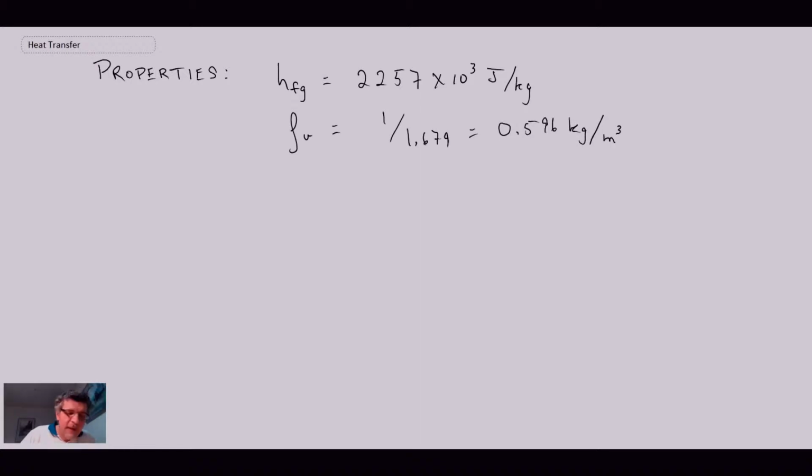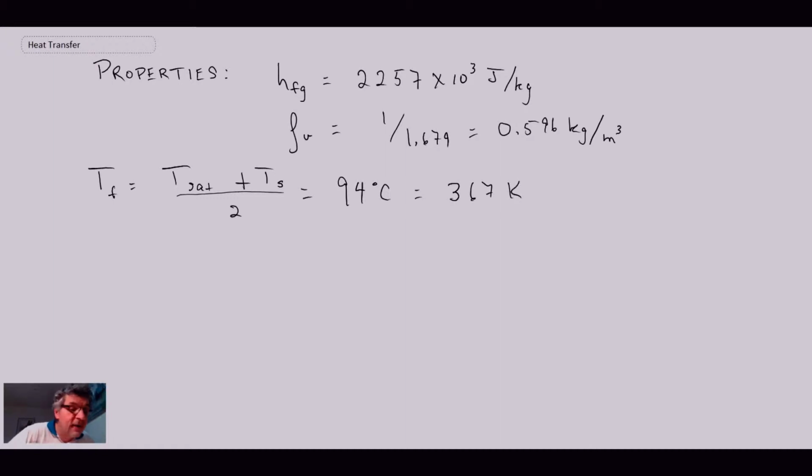Now for the other properties, we evaluate those at the film temperature, which is the average of the saturation temperature and the surface or wall temperature. In this problem, that turns out to be 94 degrees C, which is 367 Kelvin.